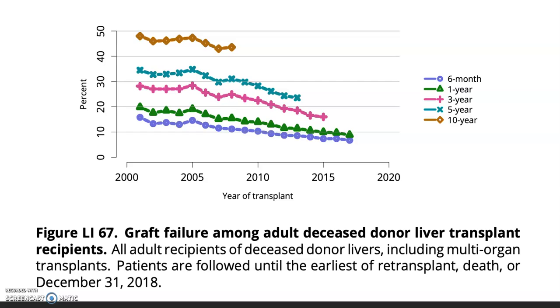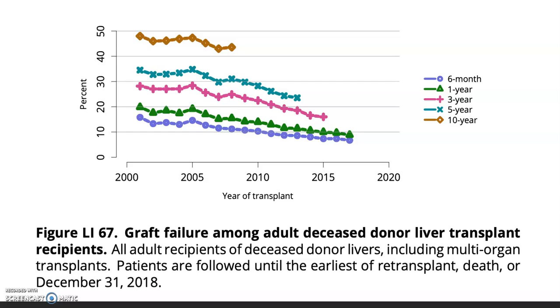Let's talk about the graft failure among deceased donor liver transplant recipients. And as you can see that in early 2000, the 6-month graft failure rate was almost 16 to 17%, which has now decreased to less than 10%. And similar trends are seen in 1, 3, 5, and 10-year outcomes.